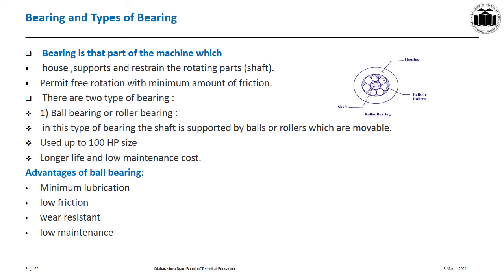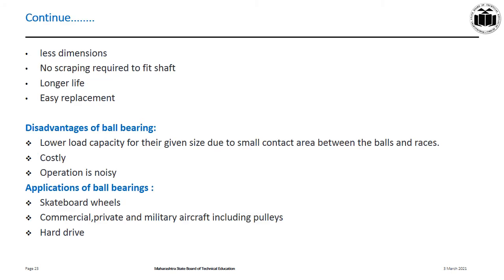In the diagram, the ball bearing is shown, in which balls or rollers are used to support the shaft, and they are very useful up to 100 HP size. They have the advantages of minimum lubrication because of their shape, low friction, wear resistance, and low maintenance.